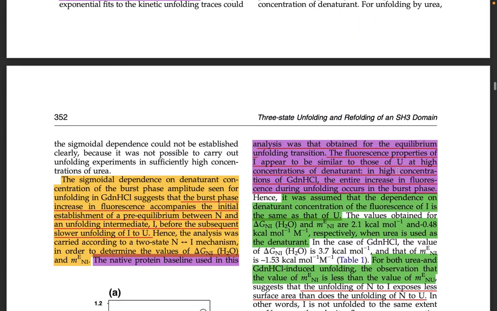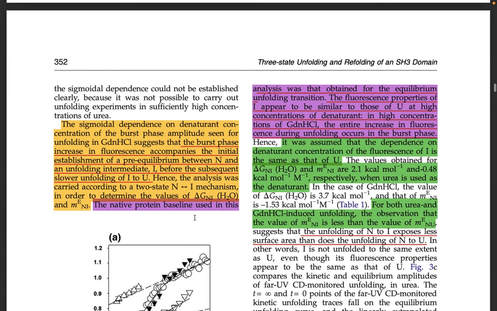So here they have used the native protein baseline obtained for the equilibrium unfolding transition.